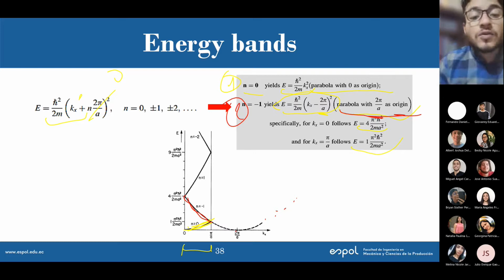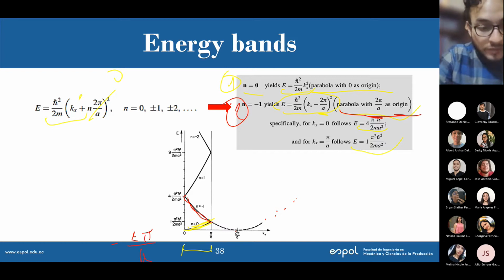And if I were to calculate for n equals 1, what do you think I'm going to get for n equals 1, guys? At least what's the shape going to be? It's going to be a parabola with what as an origin? Well, it will be a parabola with an origin of minus 2 pi over a.